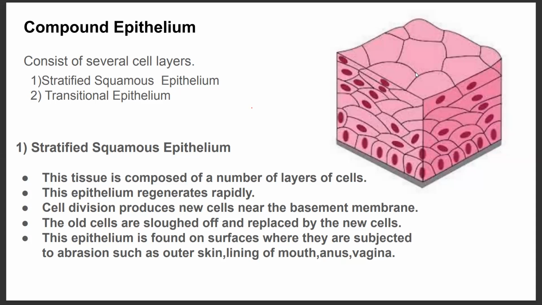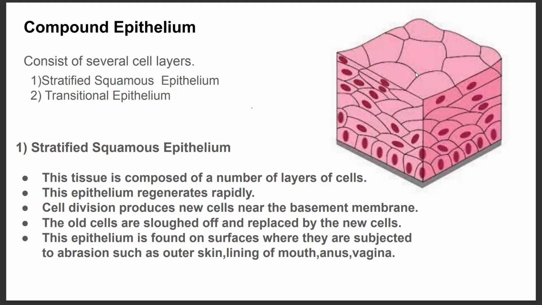The epithelium regenerates rapidly. Cell division produces new cells near the basement membrane. Old cells are sloughed off and replaced by the new cells. And this epithelium is found on surfaces subjected to abrasion such as outer skin, lining of mouth, anus, vagina.